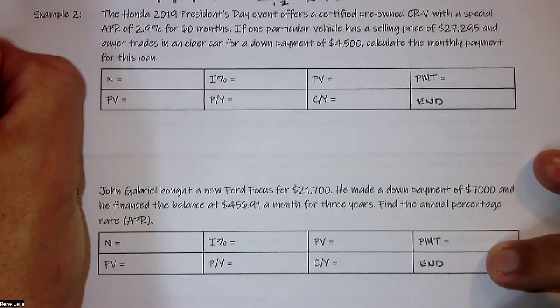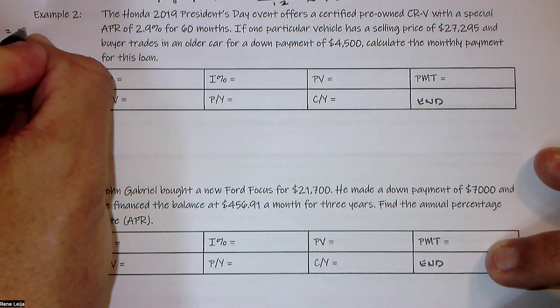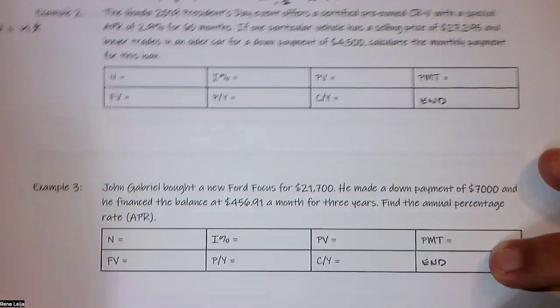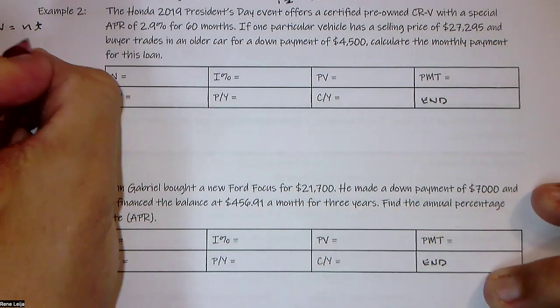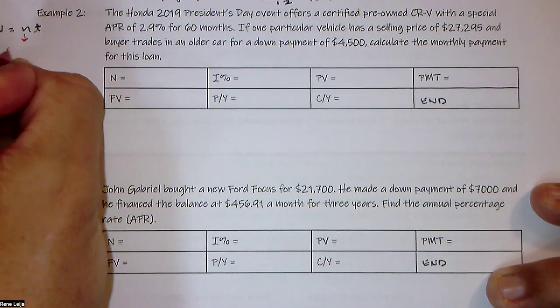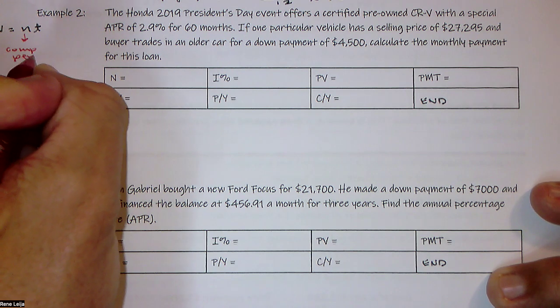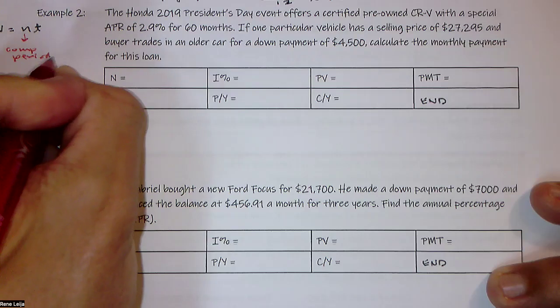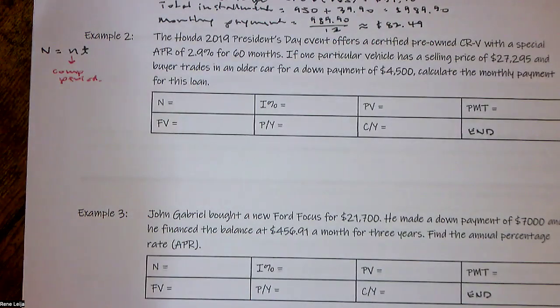Big N is going to be comprised of two variables, little n and t. If you'll remember, little n is your compounding period, being that is it compounded monthly, daily, quarterly, semi-annually, what?